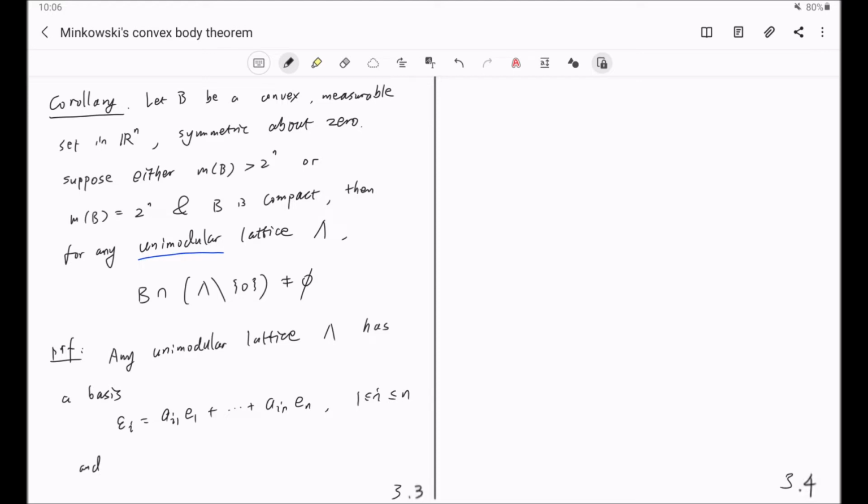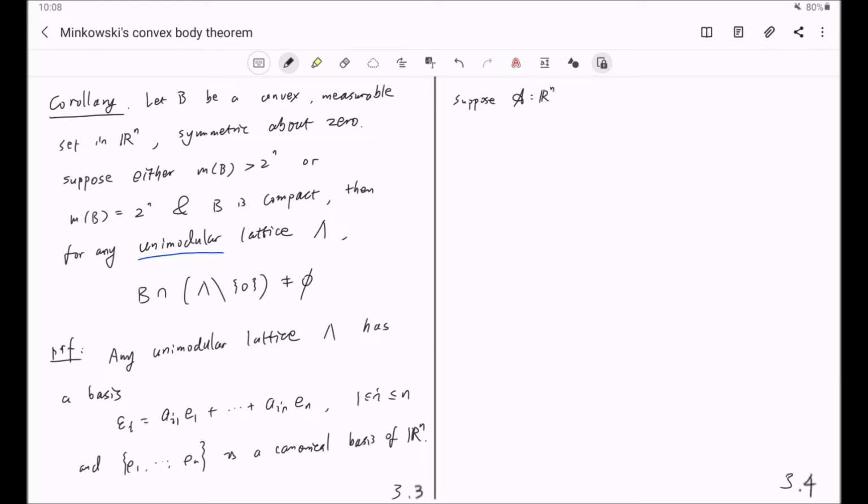And e1 through e sub n is the canonical basis of R^n, which means e sub i is the vector where the ith component is equal to 1, and other components are equal to 0.